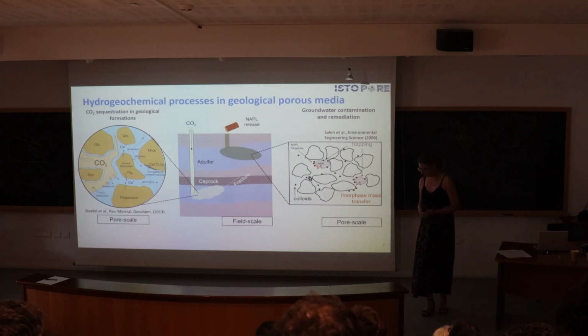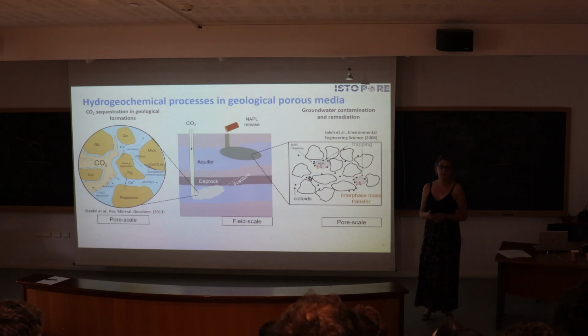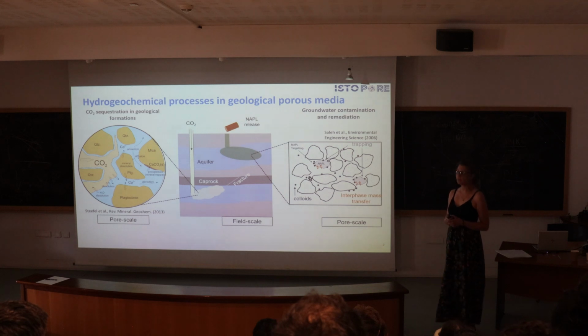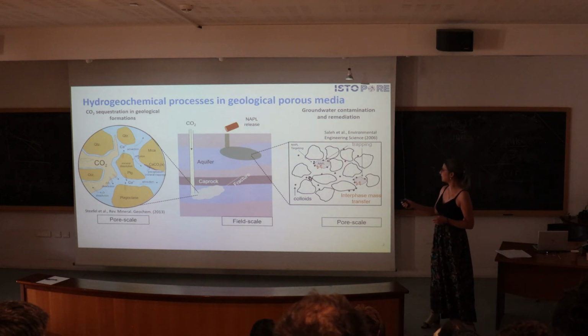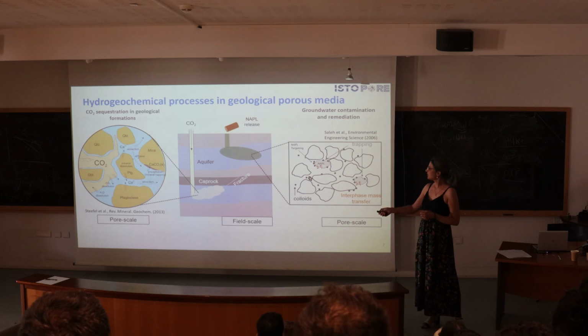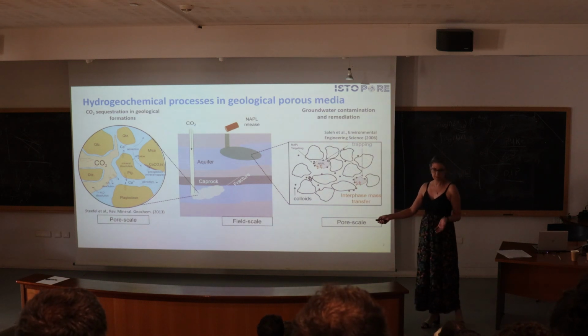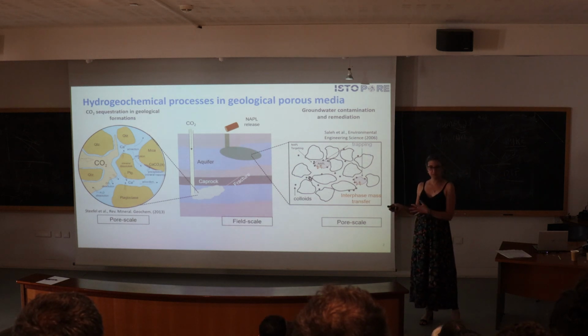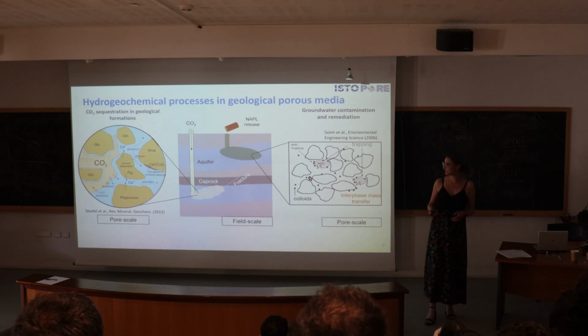So a little bit of background and of context. The kind of processes that we are looking at are hydrogeochemical processes in porous media. For example, the process of CO2 sequestration in geological formations: you inject CO2 in a deep saline aquifer, and if you zoom in and look at the pore scale, you will see that your CO2 will displace the fluid that was initially there.